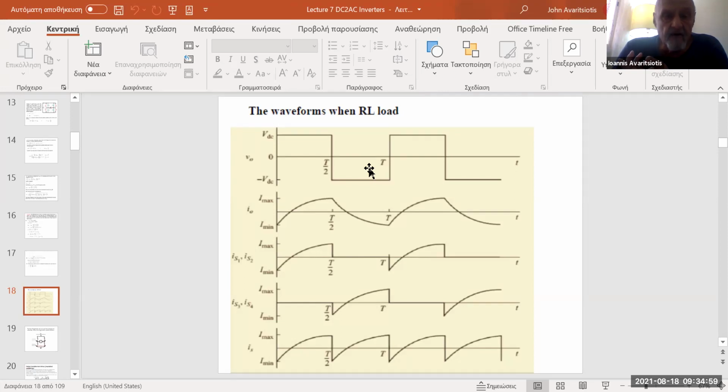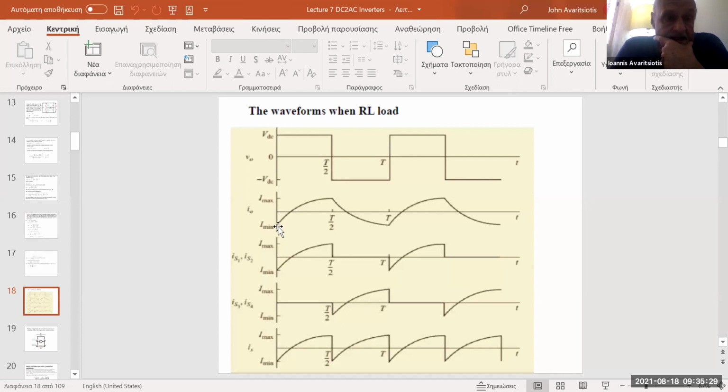It became now minus VDC. So you would expect the current to vary again exponentially as a function of time, and from I maximum goes down to I minimum, which is a negative value for the current. And the same thing happens given that we're in steady state.